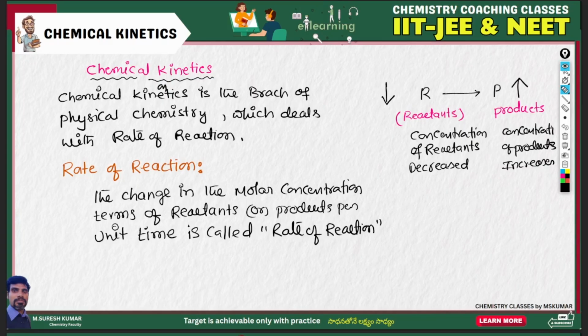Now see, the decrease in concentration per unit time is what we call rate of reaction. Similarly, the increase in concentration of product per unit time is also rate of reaction.